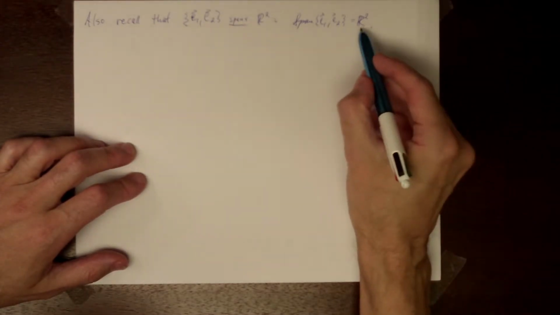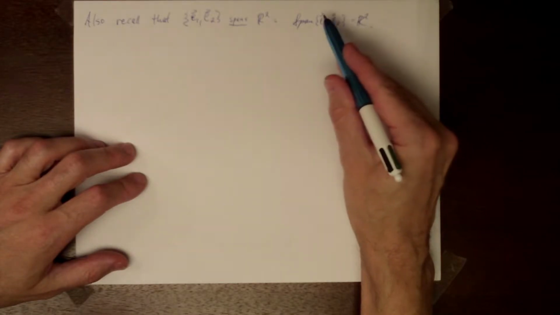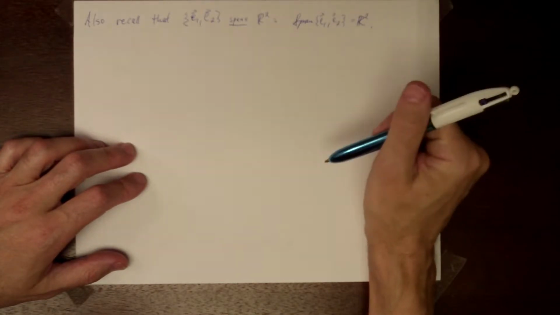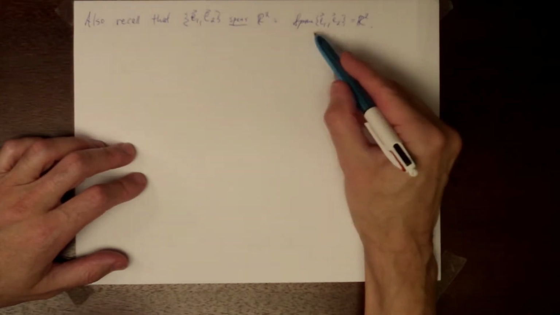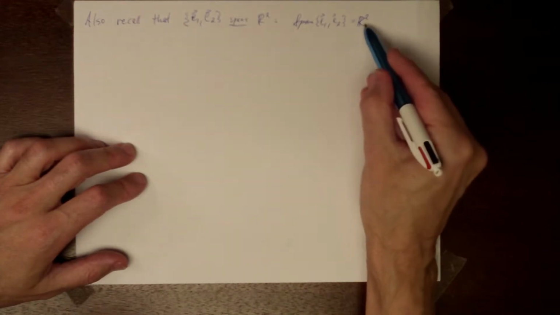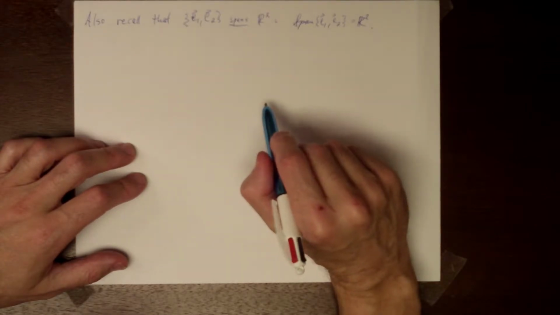The thing that's not always true is that anything that's in R2 will be in the span of whatever set of vectors you're looking at, like E1, E2 here. So to show that the span of E1, E2 is equal to R2, it's sufficient to just show that R2 is a subset of the span of E1, E2.